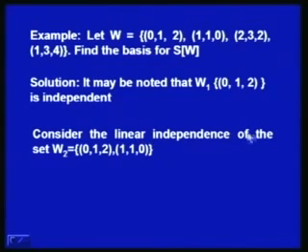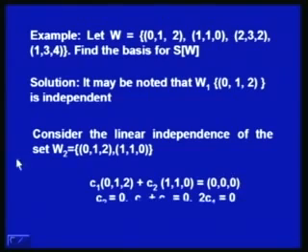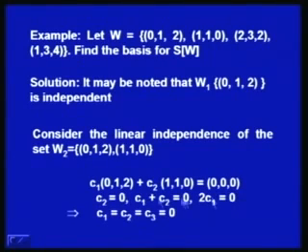We include another vector (1, 1, 0) from this set in W2, and let us check whether this forms a basis or not. Again, the procedure is the same. You find the linear combination, and if you solve this, you will find that C1 = C2 = 0 is the only solution possible, and that means this is also a set of linearly independent vectors.